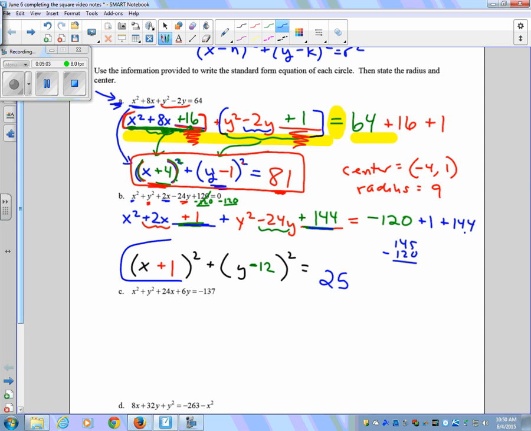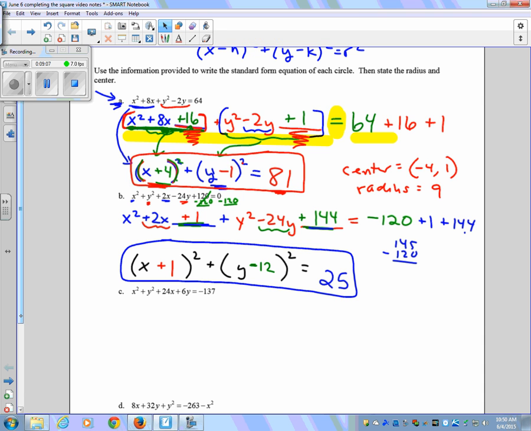So here's the standard form of our equation for our circle. The center is at the point -1, 12. Oops, I don't have to write the plus sign. -1, 12, and the radius is the square root of 25, or 5.